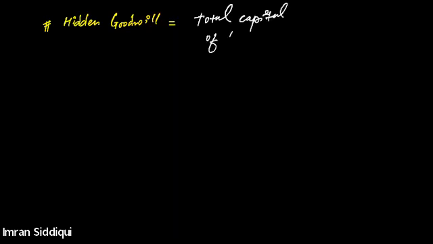See, there is a formula which is written as hidden goodwill equals the total capital of the firm minus the combined adjusted capital of all the partners.